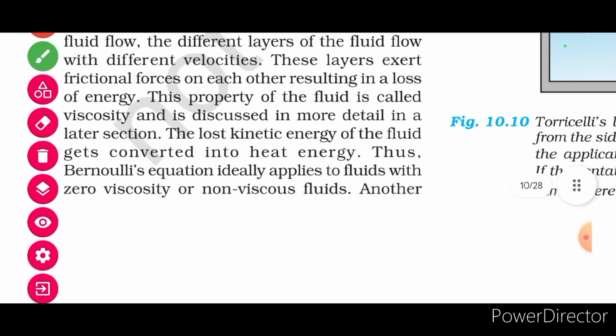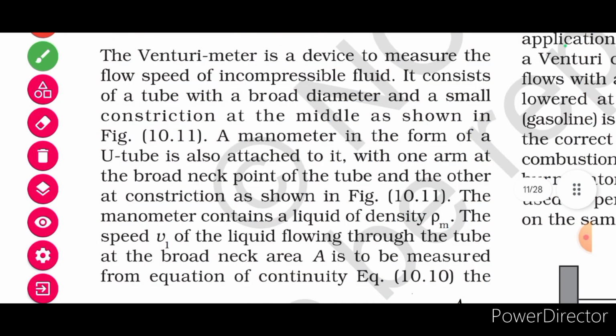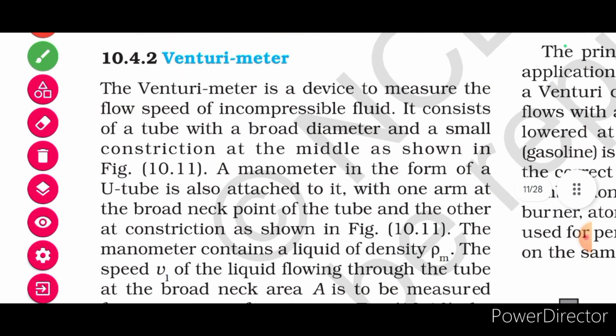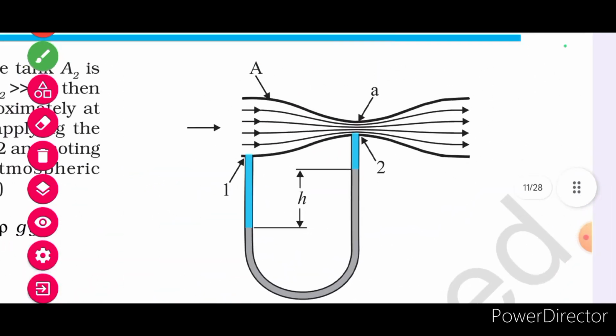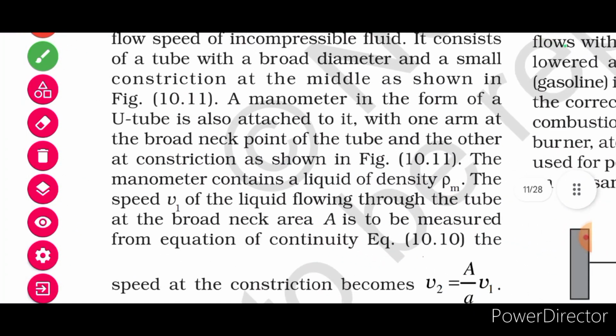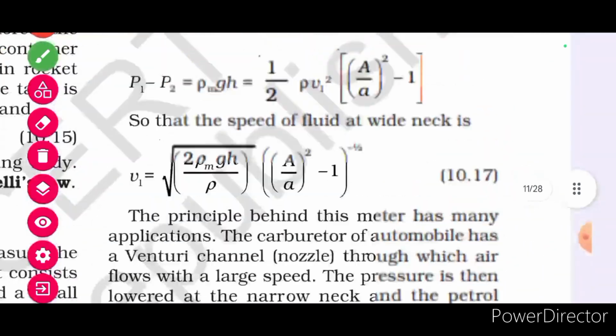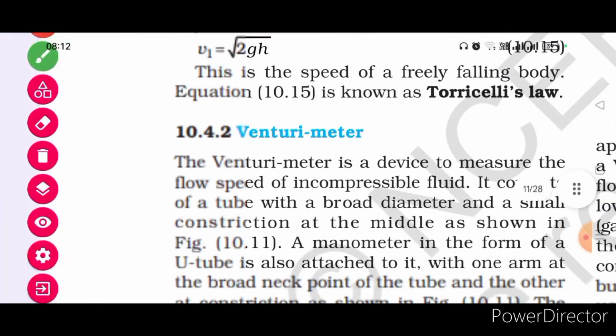Venturimeter is a device to measure the flow speed of an incompressible fluid. It consists of a tube with a broad diameter and a small constriction at the middle, as shown. As I told you, a broad diameter and a very small area at the constriction. A manometer in the form of a U-tube is also attached to it, with one arm at the broad neck point and one arm at the constriction.